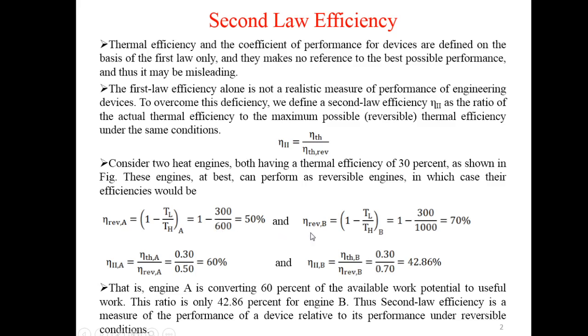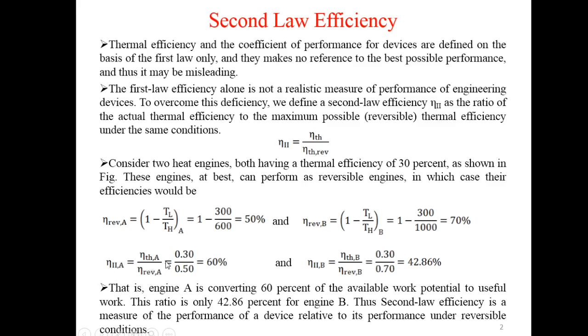For reversible heat engine B, again the formula is 1 minus lower temperature divided by high temperature. So it will be 1 minus 300 divided by 1000, and the reversible heat engine efficiency is 70%.